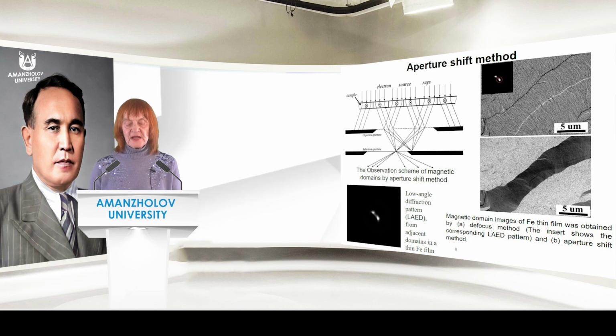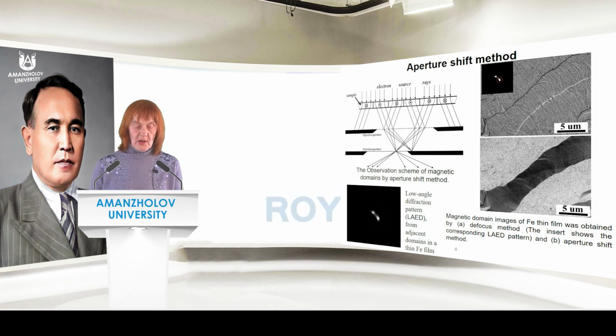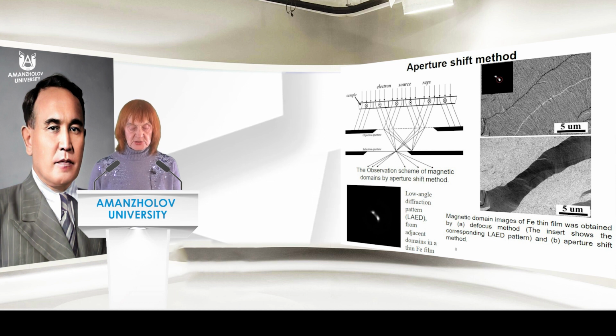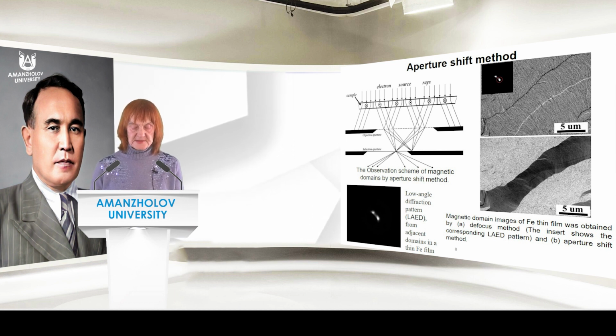For a 180-degree magnetic domain, the value of local film magnetization is possible to determine by the distance between double diffraction peaks if the film thickness is known, and vice versa.